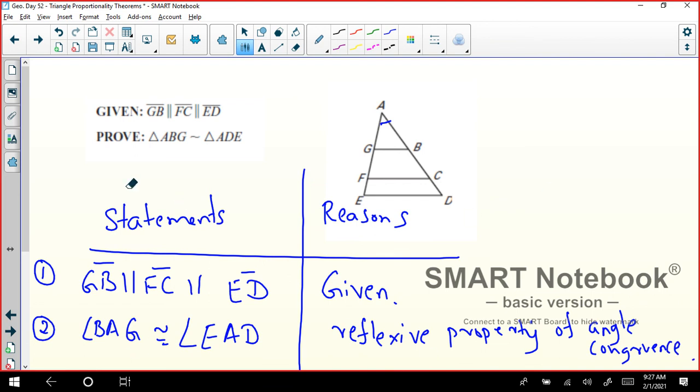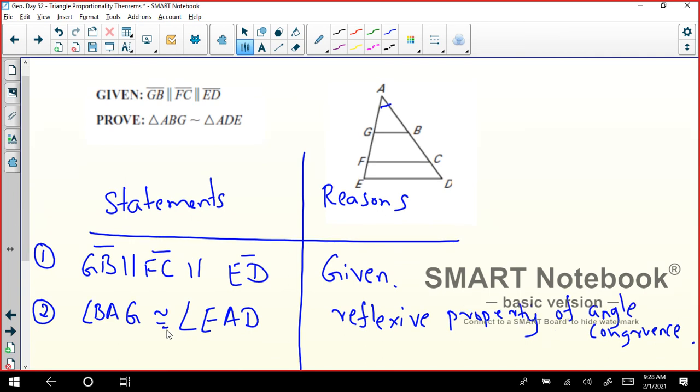Next, if GB is parallel to FC and FC is parallel to ED, it means GB is parallel to ED also, right? By the transitive property, GB is parallel to ED.